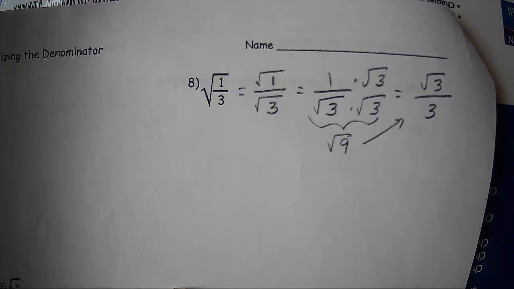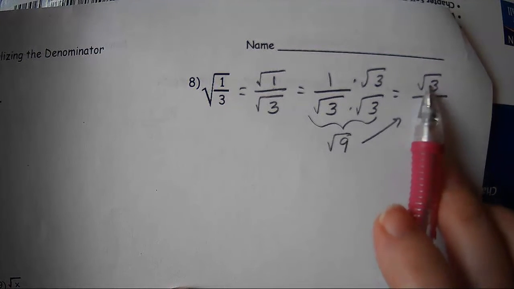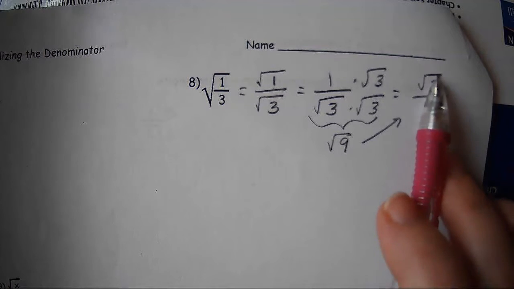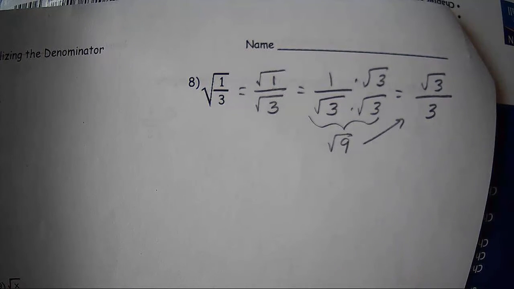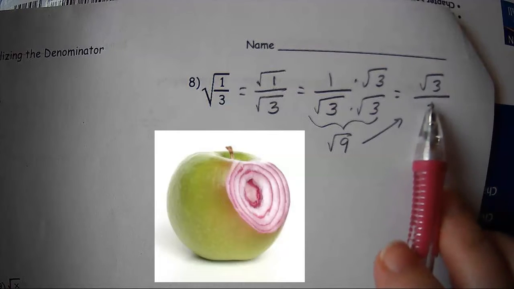Well, what do I need to do next? Hopefully you said simplify if you can. We have a radical and we have a whole number. Can we simplify the square root of 3 over 3? No, because we have apples and onions.